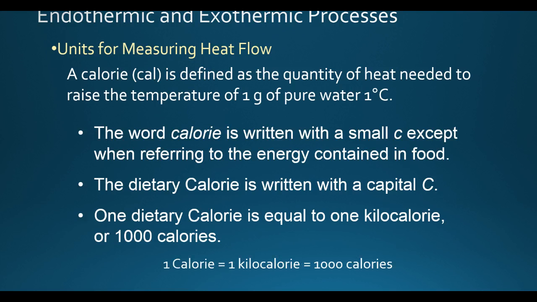And we have conversions that we can use to convert from one to another. 1 dietary calorie is equal to 1 kilocalorie, which is equal to 1,000 calories, which is the heat energy calorie.